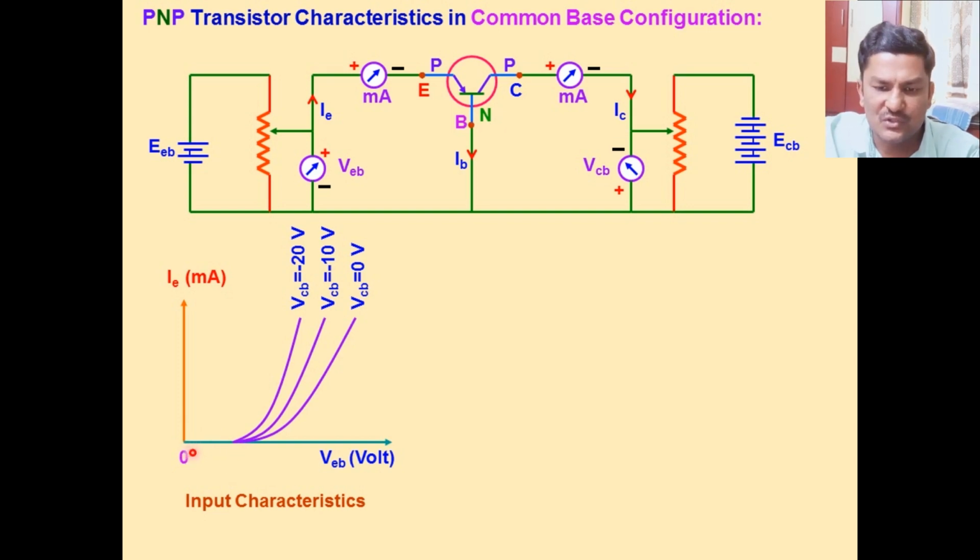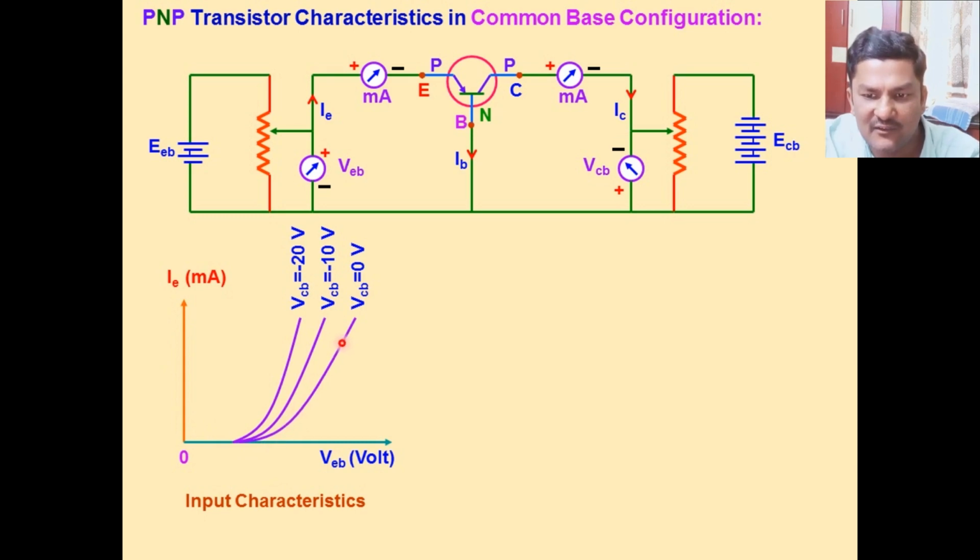So in this first line, VCB is maintained at 0 volt. With the output voltage VCB constant, by changing the value of VEB, the values of IE are recorded and tabulated, and a graph is drawn between VEB and IE.